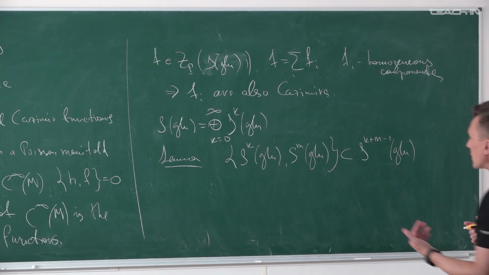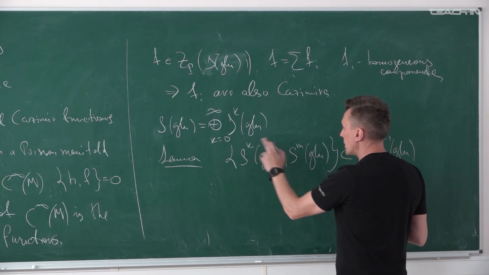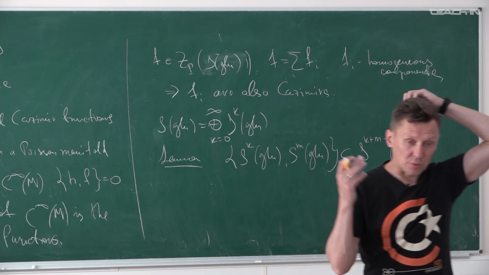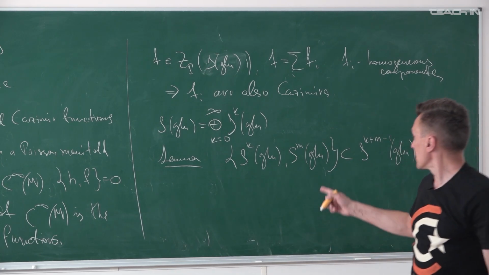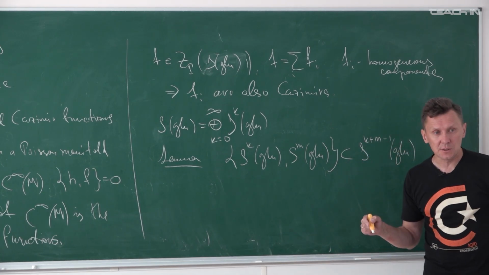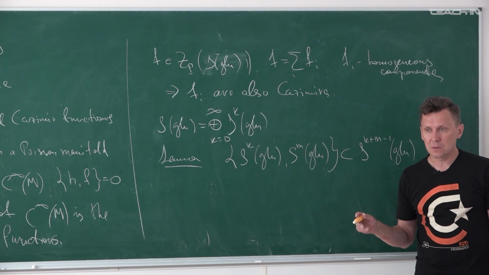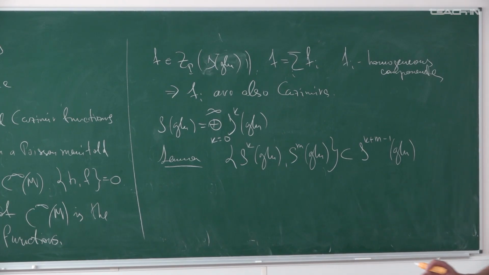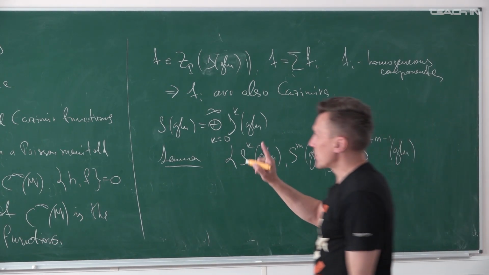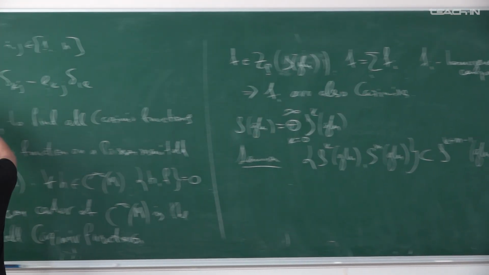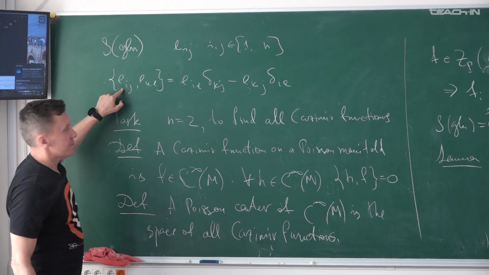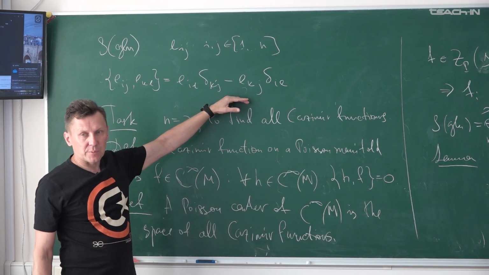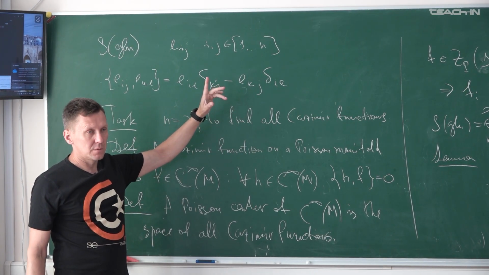So if you consider a polynomial of degree k and a polynomial of degree m, the Poisson bracket is a polynomial of such a degree. Is it clear? That's true for the linear polynomials: a polynomial of degree 1 and a polynomial of degree 1, the Poisson bracket is a polynomial of degree 1.